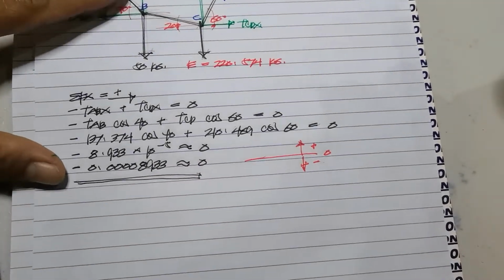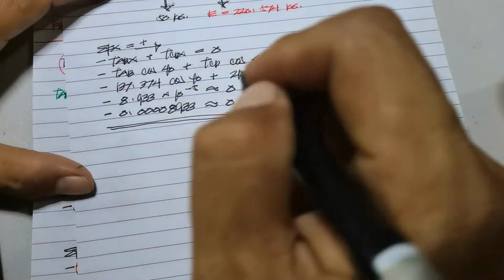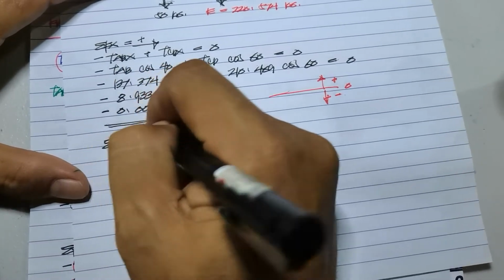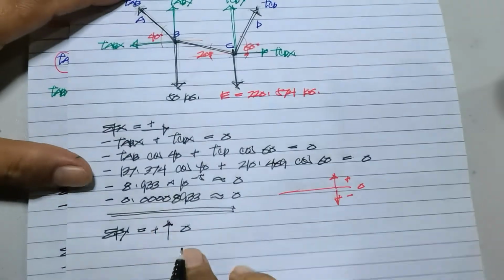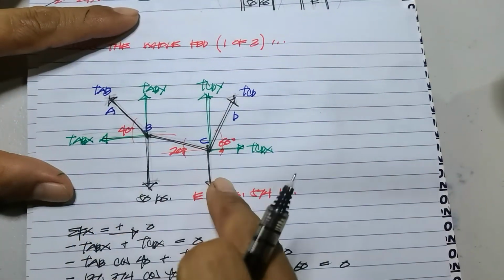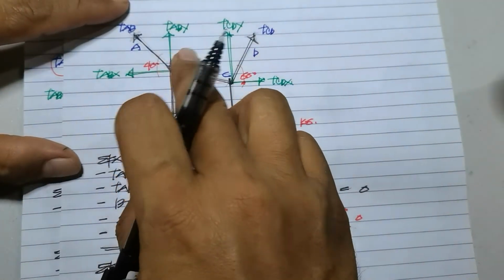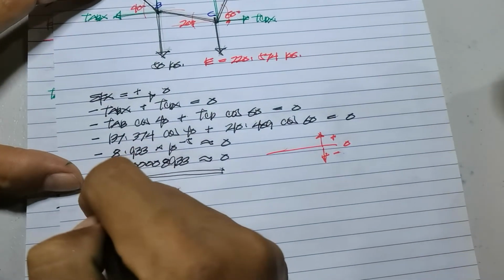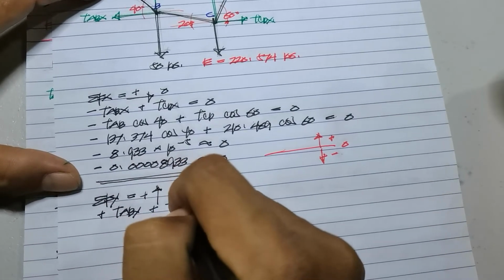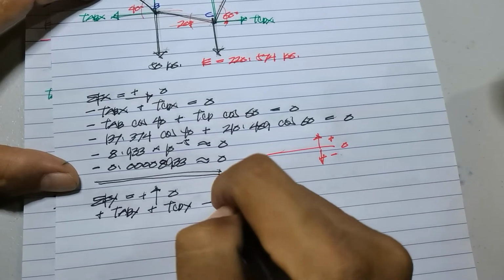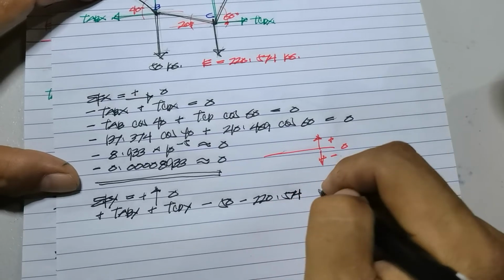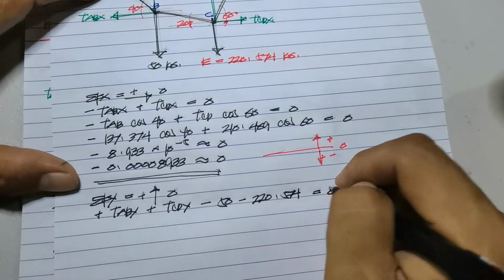So, check. Now for the vertical equation: sigma F of y, all forces going up are considered positive. You have 1, 2, 3, then 4 forces. So, positive TAB of y, positive TCD of y, minus 50, minus 220.574 is equivalent to 0.